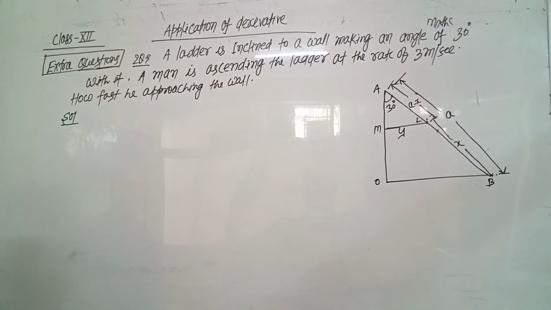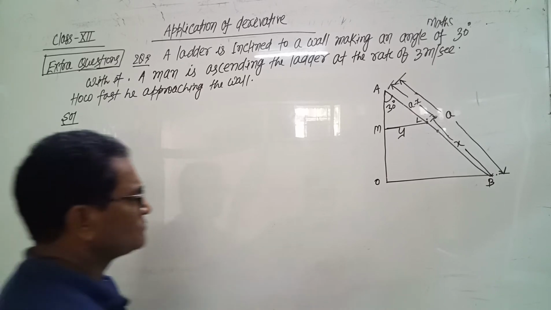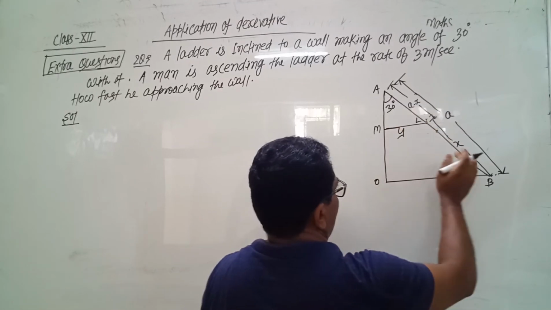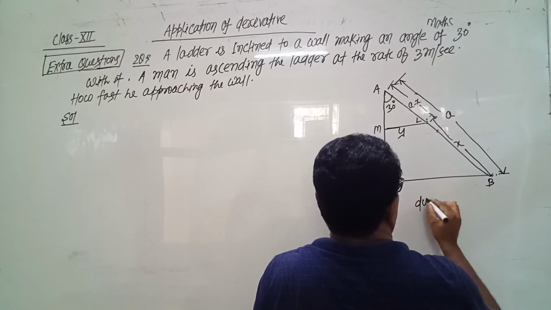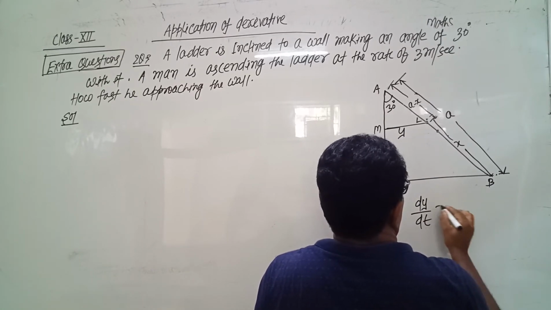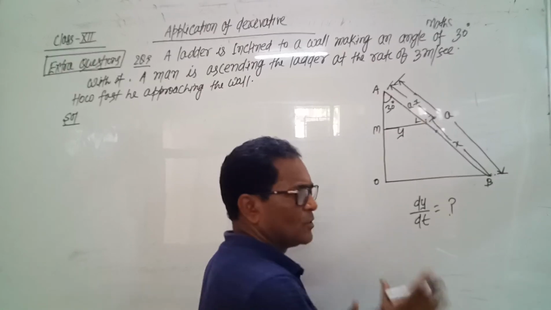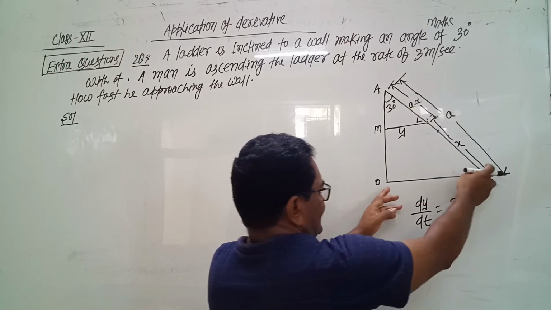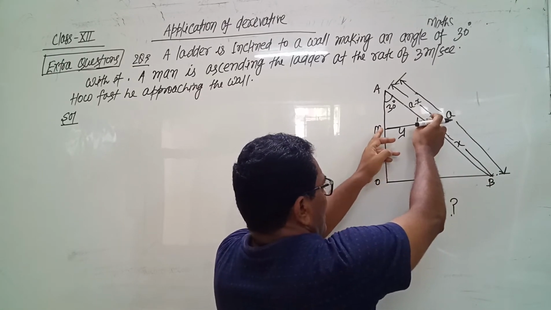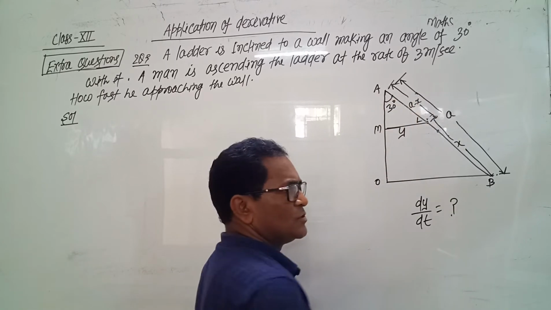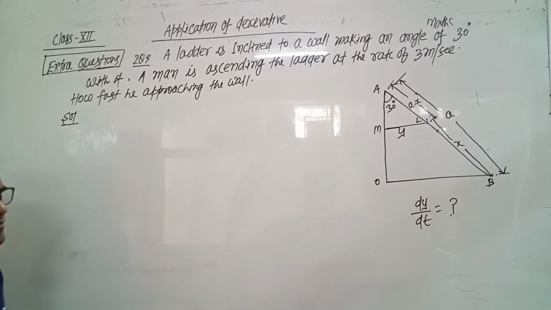So we have to find how fast the man is approaching the wall, which means we have to find dy by dt. As he goes upward, the distance between them will keep reducing.